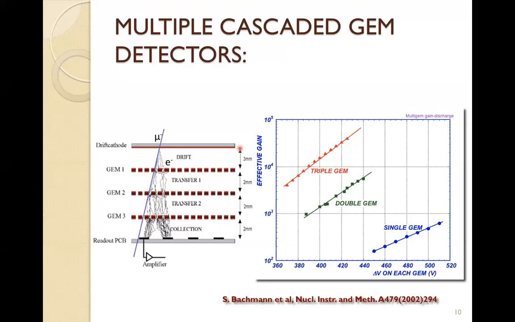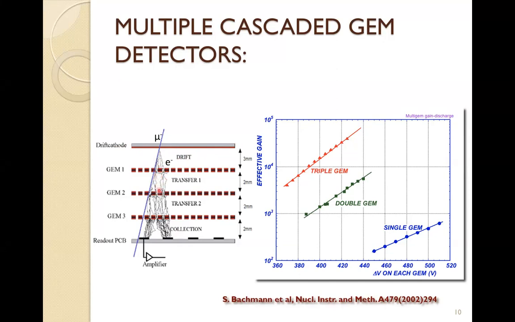So in any GEM detector, first we need an electrode called the drift electrode, then the main gap, called the drift gap, where the primary ionization takes place, and then these electrons try to cross the GEM holes, and the secondary electrons are created inside the GEM holes because of the high electric field, and then these electrons will go to the next part.